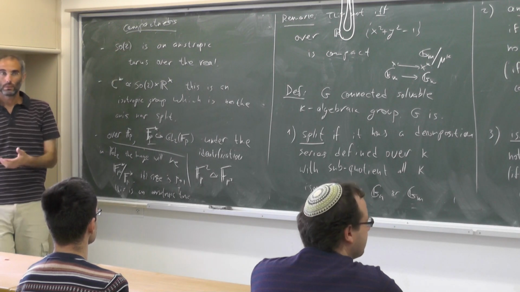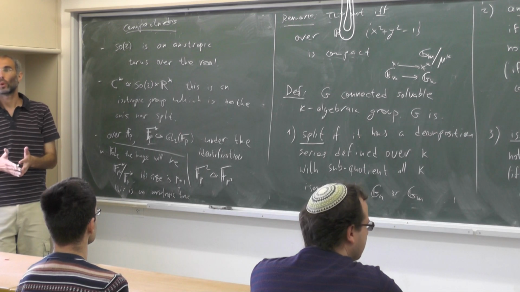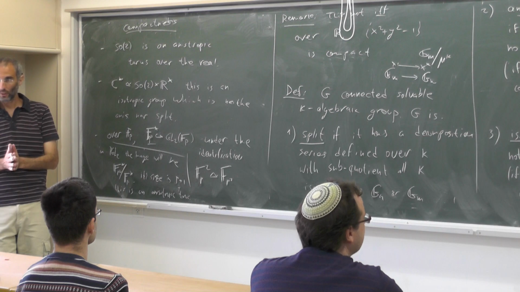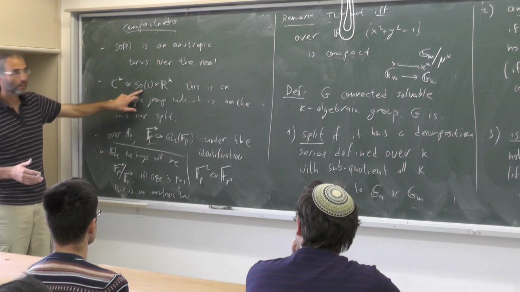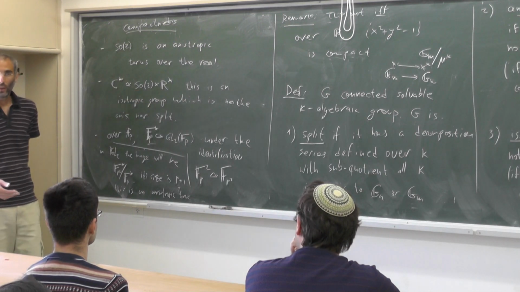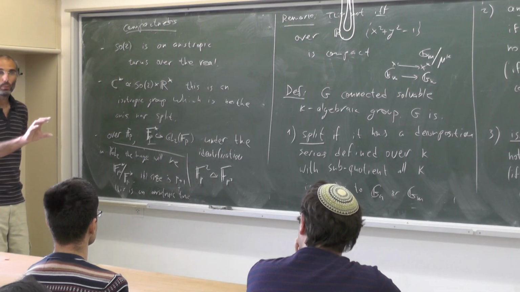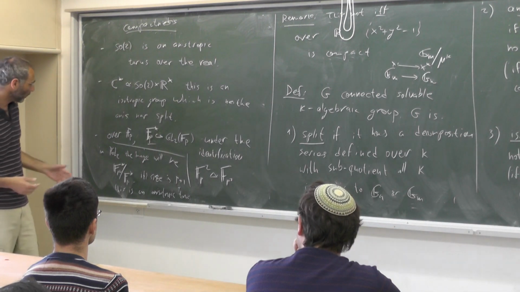And as you may know, for the reals I have only those kinds of tori, one-dimensional tori. Every torus over the reals is a product of such guys with such guys. You know it when you try to diagonalize things over the reals. You get 2 by 2 blocks or 1 by 1 blocks, right? You are familiar with this phenomenon.